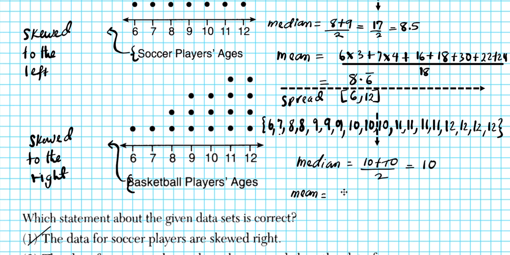So if we do this, we're going to have 6 plus 7 plus 16 plus 9 times 3, 27, plus 10 times 3, 30, plus 11 times 4, 44, plus 12 times 4, 48. Okay, that's the total number divided by the number of numbers that we have. We have 18 total.